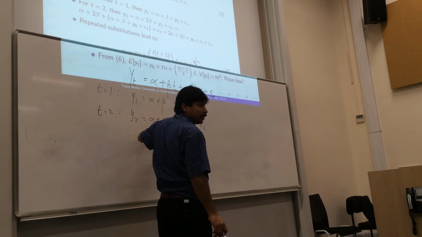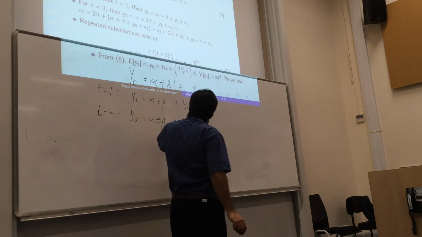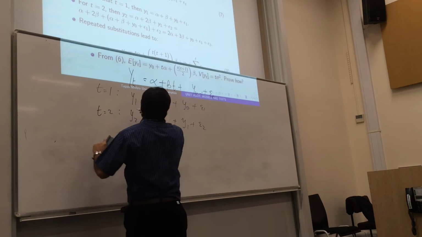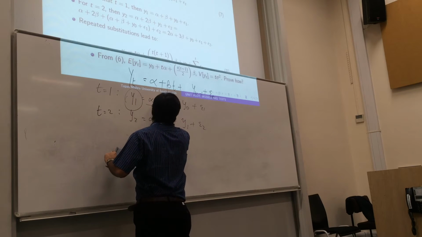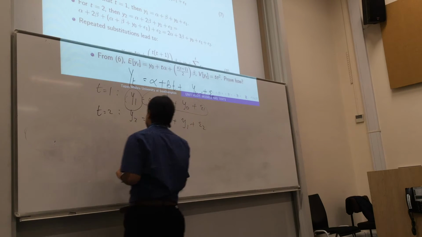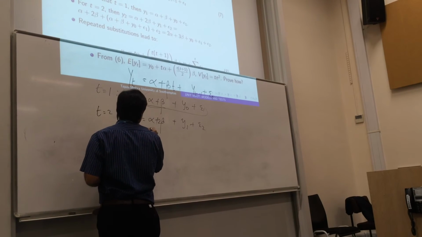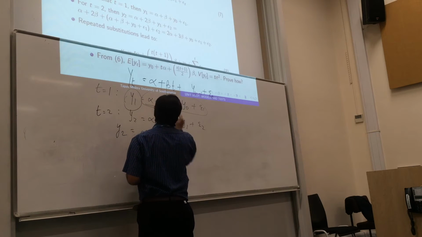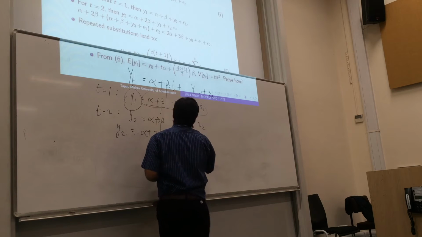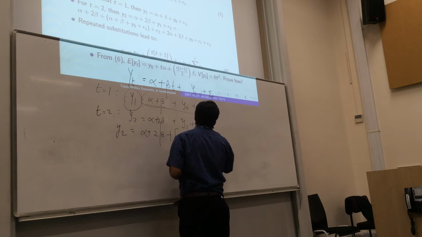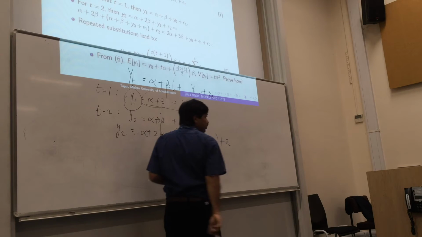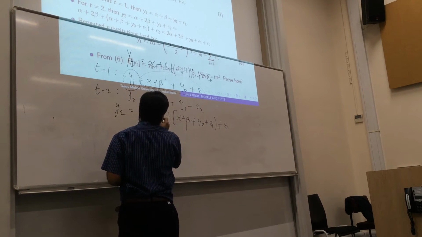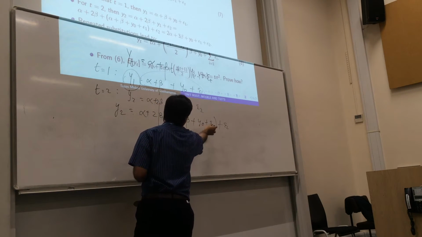And here, t minus 1. Substitute the same way that y1 appears here. So you can write y2 equals alpha plus 2 beta, plus again alpha plus beta plus y0 plus epsilon 1, then I have epsilon 2. So then I have 2 alpha, 3 beta, then y0, plus epsilon 1 plus epsilon 2.